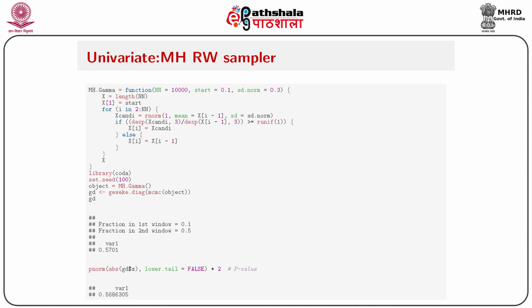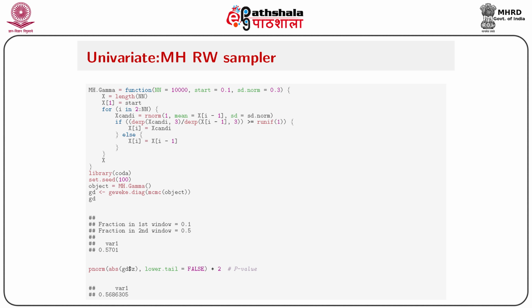So here is one example of a chain from a gamma distribution. This function is developed just for drawing gamma variates by a Metropolis-Hastings random walk sampler. So this is a random walk Metropolis-Hastings gamma sampler that has been defined here.